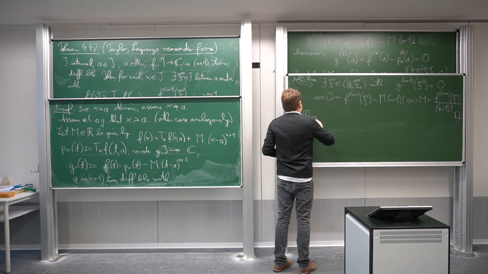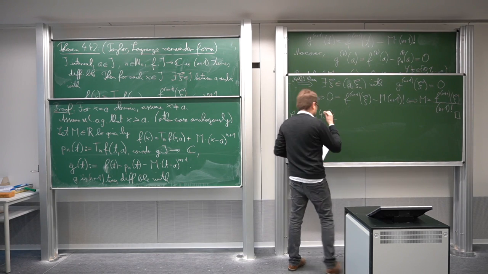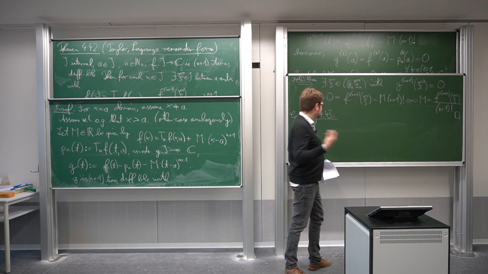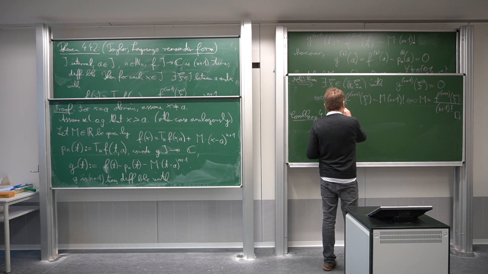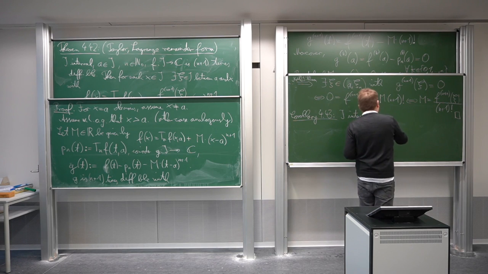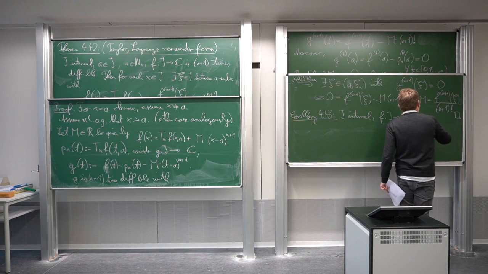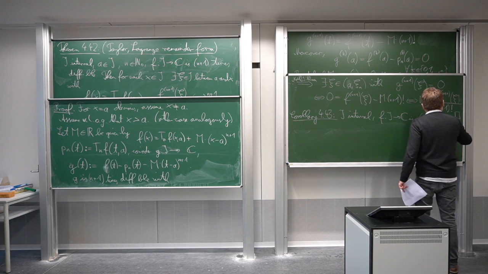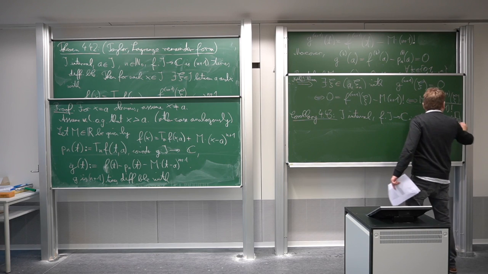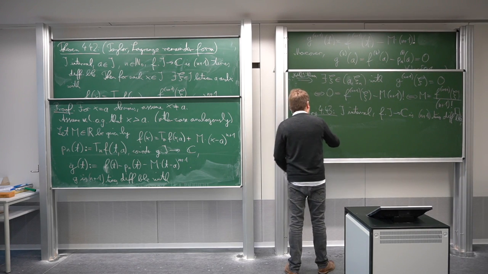Namely, we get also an immediate corollary, which is, again, a statement which, if you read this, is quite plausible and you think it's quite obvious, but so far we haven't shown it, and it requires some effort to prove it. Namely, if I is some interval, f from I to C is n plus 1 times differentiable for some n in N0.